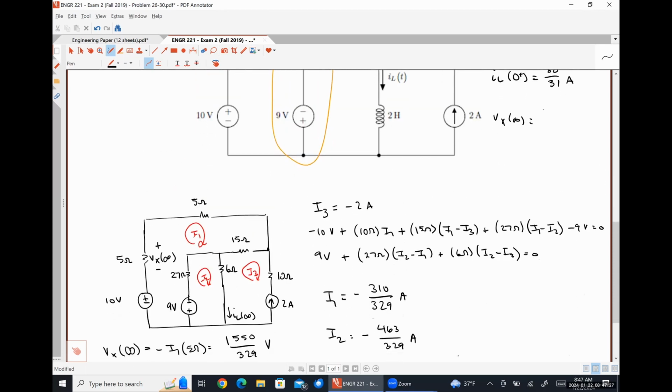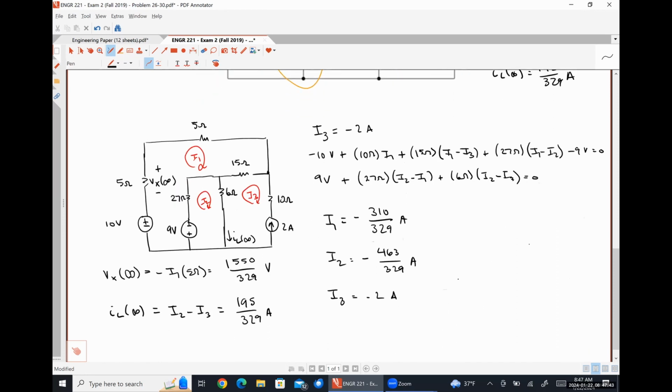Vx is 1550 over 329. Anybody have any questions, comments, or concerns about our analysis at t is equal to infinity? Fairly straightforward stuff.